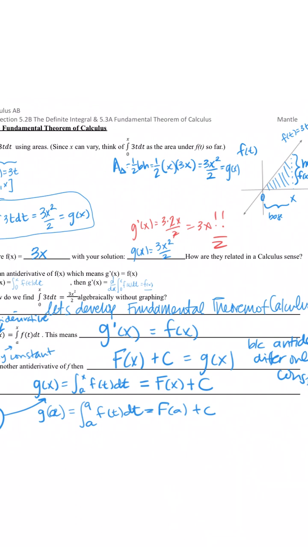Well, what is the integral of f of t dt from a to a? Well, that's just 0. That's one of the properties of integrals. And so there's this relationship between the antiderivative and the constant. And for our purposes, I'm going to write c is equal to negative F of a. And we're just going to kind of hang on to that for a second.